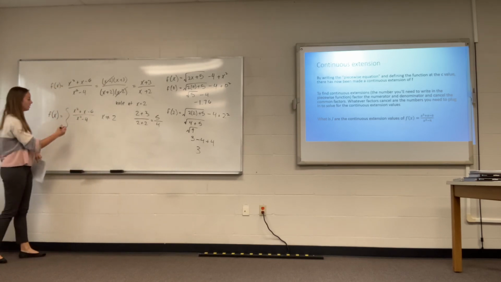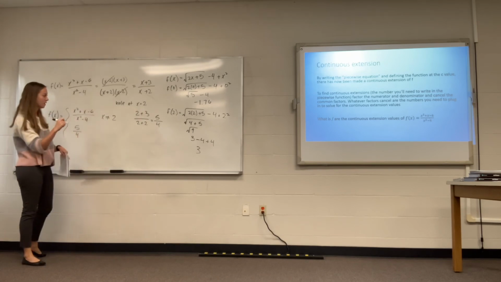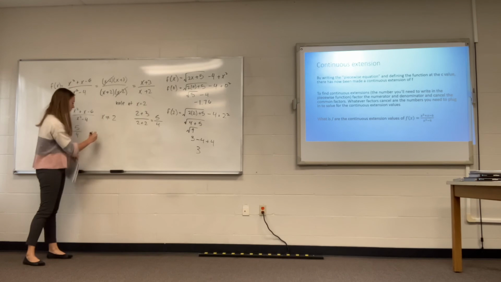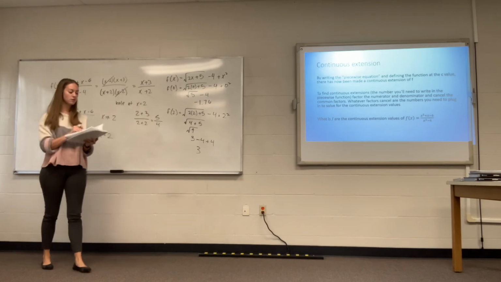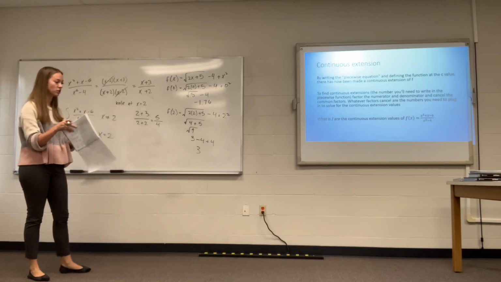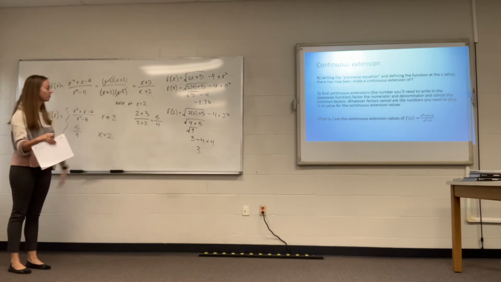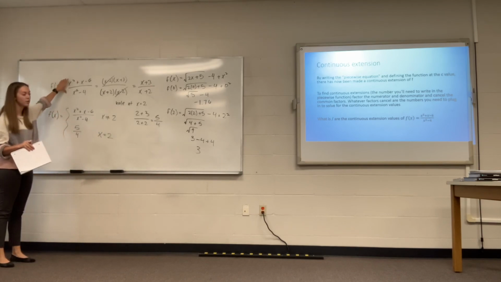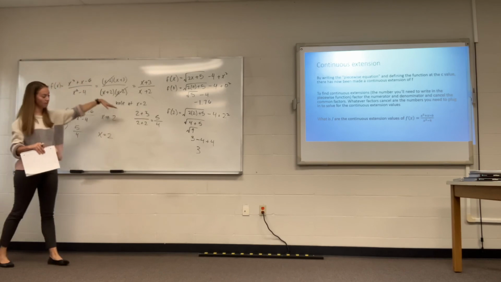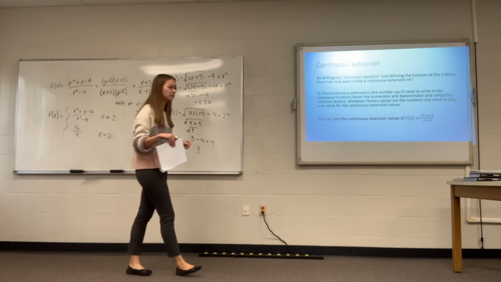And then my other one, I would have 5/4 down here, because this is my limiting value, or my y value, when my x is equal to 2. Okay? So then that would be just my new function, and I would then have a continuous function with that equation right there. So this is a continuous function versus this one is not, because you have your hole at x equals 2. Okay? All right, so that is everything.